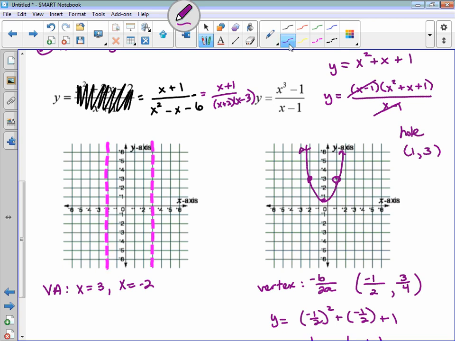Okay, so we've got those drawn in. Then to find our horizontal asymptote, is this top heavy, bottom heavy, or equal? Bottom heavy. If it's bottom heavy, you don't have any work to do. You just know that it's y equals 0 as your asymptote.